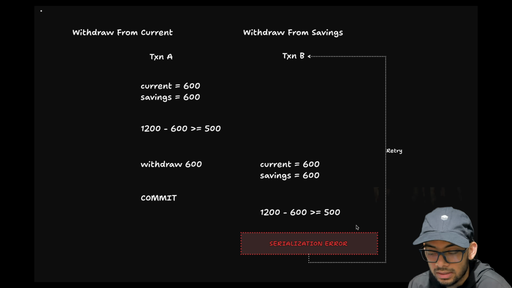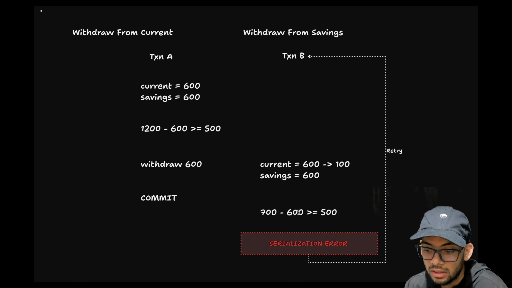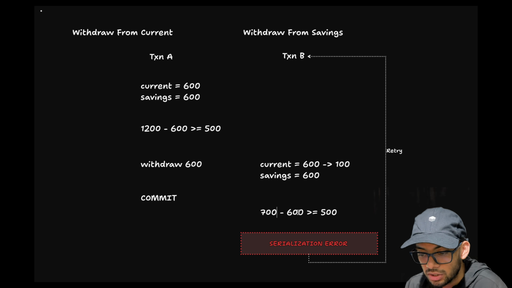But due to SSI, it is able to detect that something is wrong, and so it ends up throwing a serialization error, which means the transaction has to be retried. So when transaction B retries, it ends up reading the latest value, which would now be 100. And so this would end up being 700 minus 600, which would be 100, and thus the condition would fail, which keeps your business rule intact.